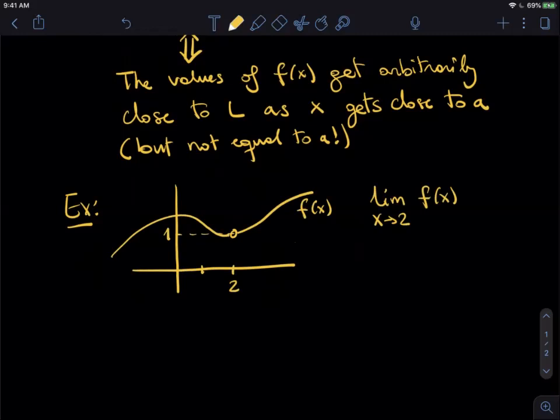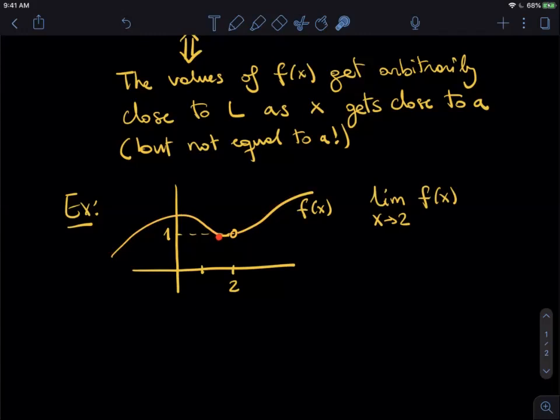What would you say? If you notice here, let's go with this idea. The values of f of x get arbitrarily close to L. The values of f of x are the points in the graph of the function. So as x gets close to a, we're traveling towards 2; in this case, a equals 2. Or you could go from the left.